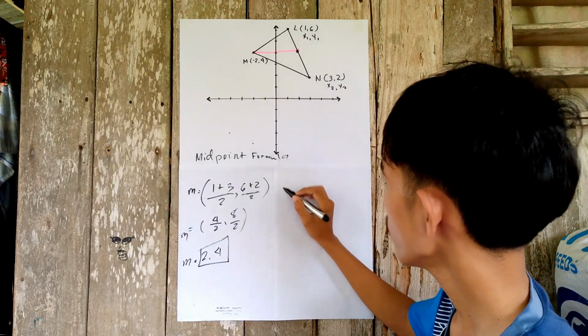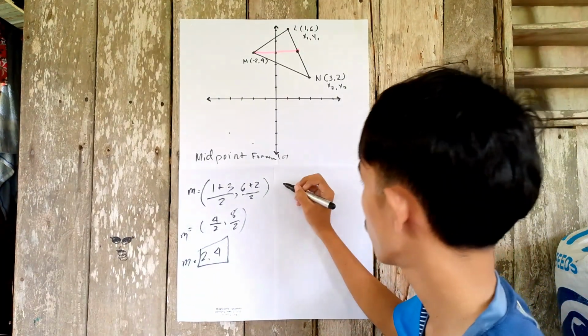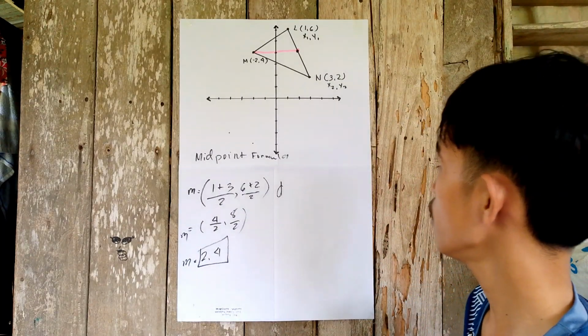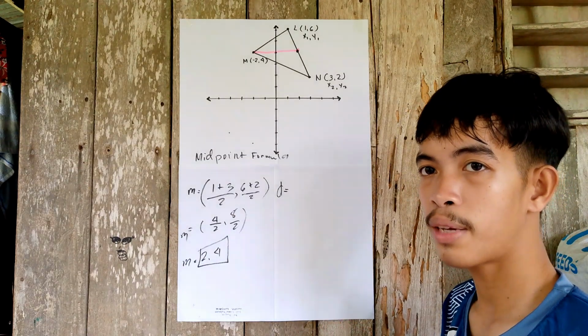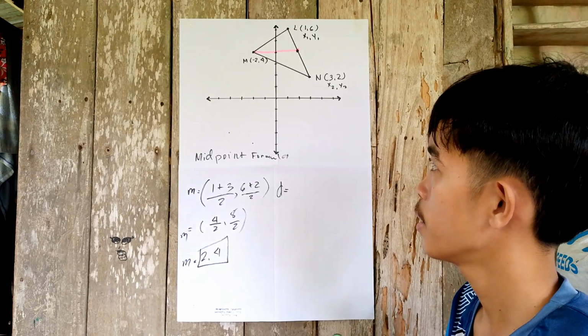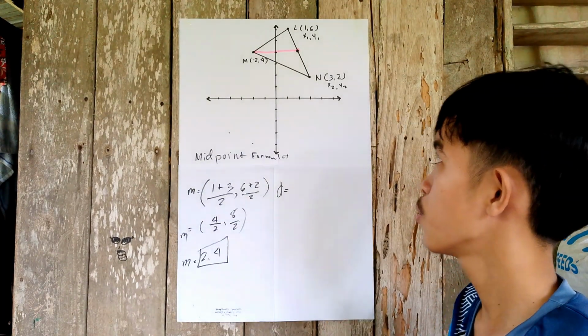So, let us substitute the values into that formula. We need again to assign which will be our x1 and y1, and x2 and y2.